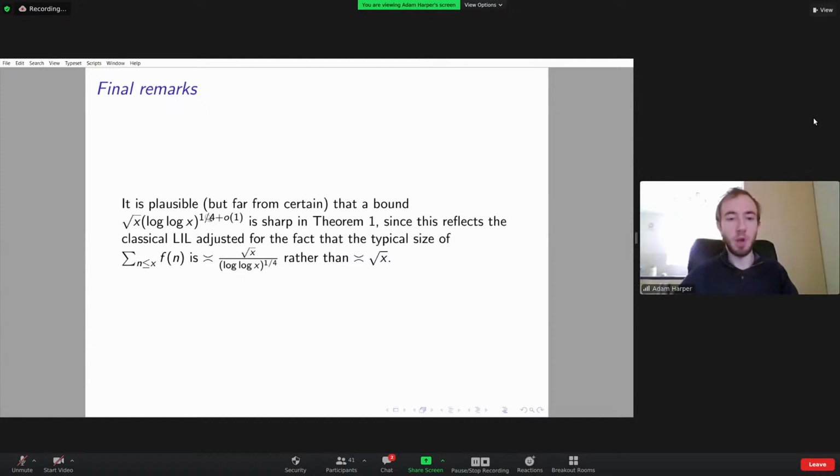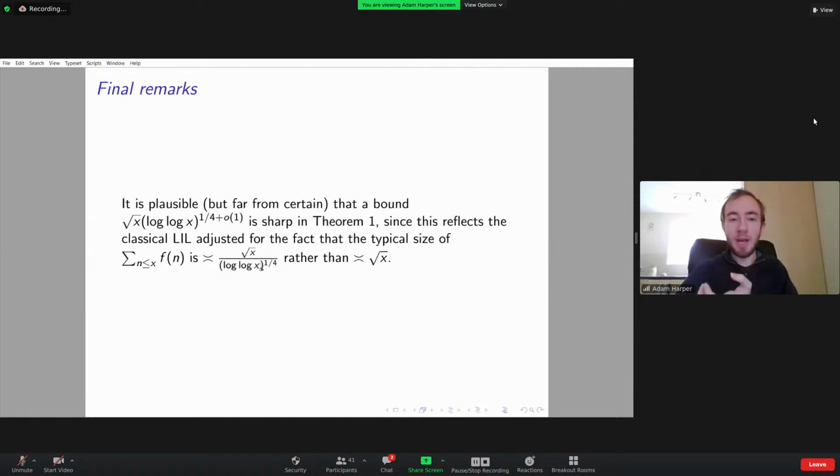You get an exponent 1/2 here. Why is that? Well, that's because at a fixed point x, the typical size is like root x. And then taking the lim sup multiplies that by a factor root log of x. You look along a sparse sequence of points. In the random multiplicative case, the typical size of a point is not root x, it's root x divided by log of x to the 1/4.